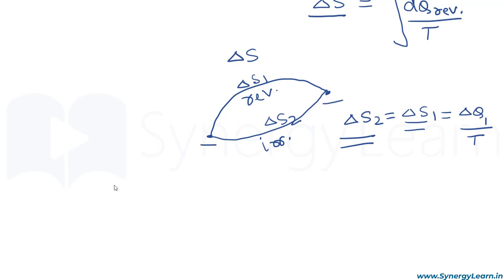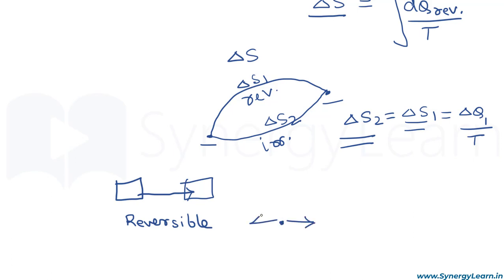Let us see entropy change with a process. Say I have a process between two systems, that is, two bodies which are interacting with each other in a reversible manner. Say the process is from 1 to 2, that is, one supplies heat to the second. We call the process reversible when at any point of the path the process is equally capable of moving in either direction.